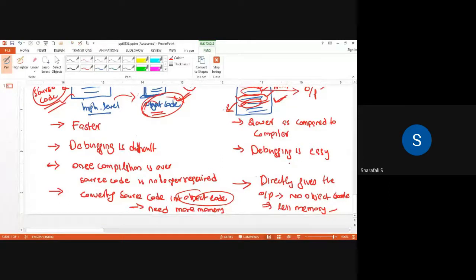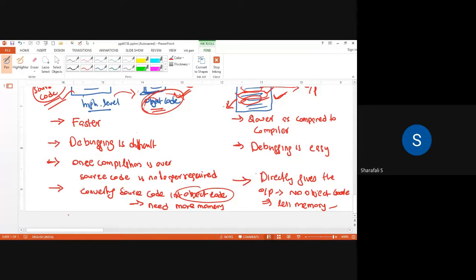Okay, so in a simple way, I will write it here itself. We have source code, and that has to be converted into object code.